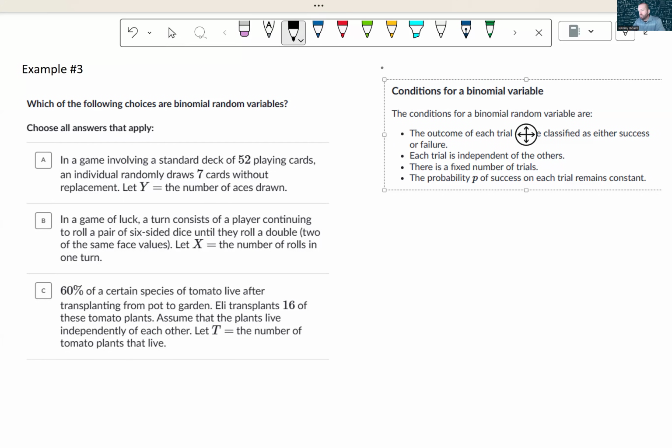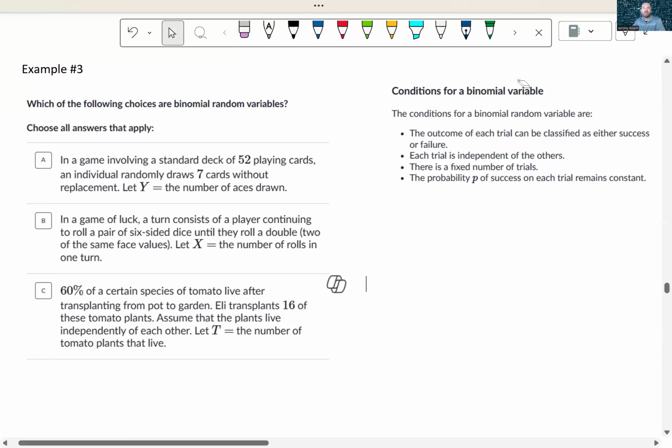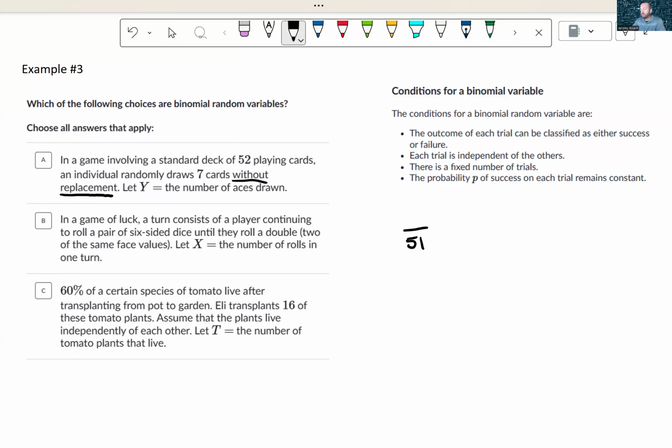Okay, so without replacement, that means the probability does not remain constant. If we draw a card and don't put it back, then the next time we draw, our probability is going to be out of 51.